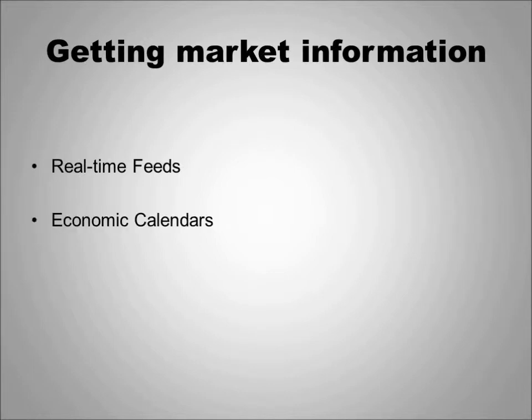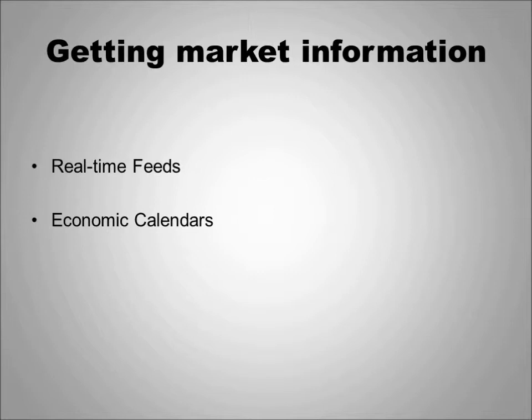Okay, so getting market information. How do we get all this information? Well, as I explained before, you do have the option on your trading platform which gives you all the important news stories and also information on which numbers to expect as they are being released. So for example, if you want to know about the Tokyo machine orders, you'll get that information as well.